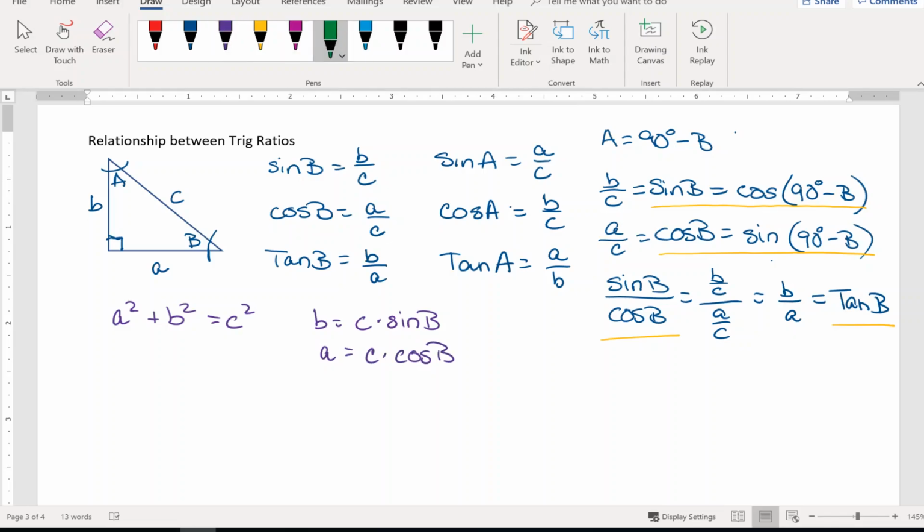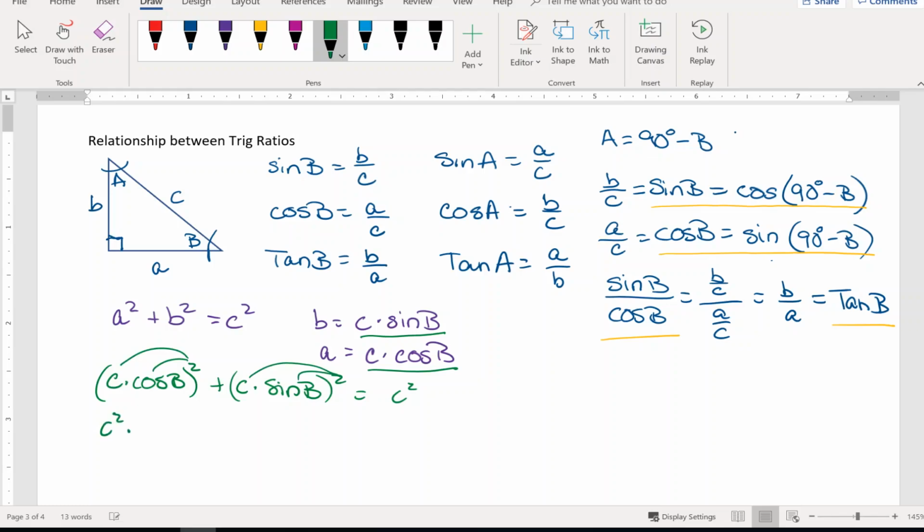Let's use these values here and substitute them into this equation. So now we have c times the cos of b squared plus c times the sine of b squared is equal to c squared. And let's distribute these values.